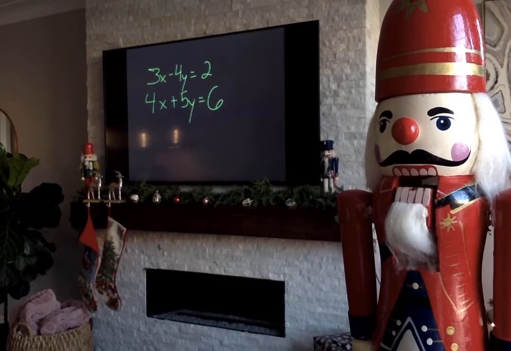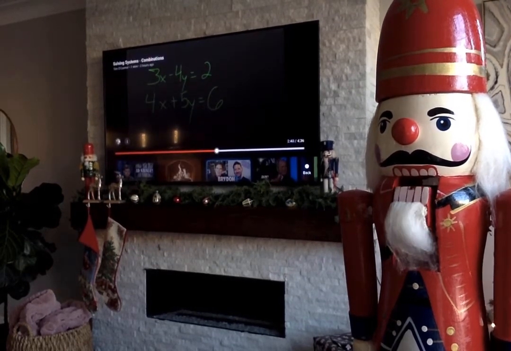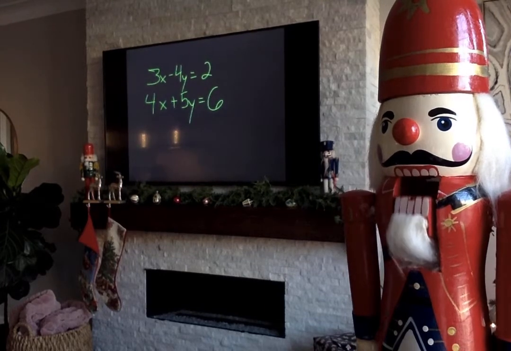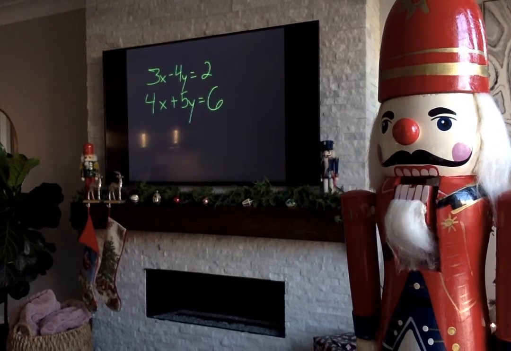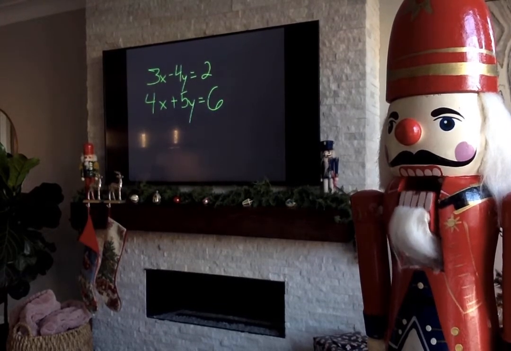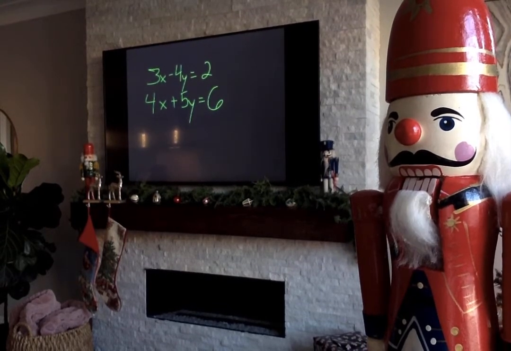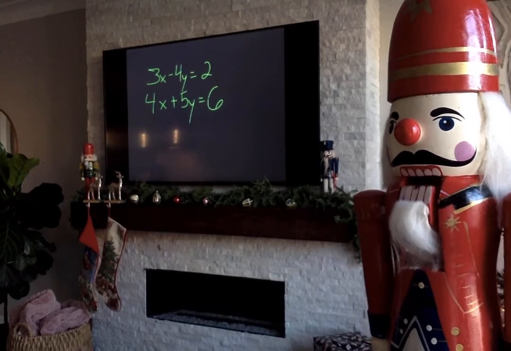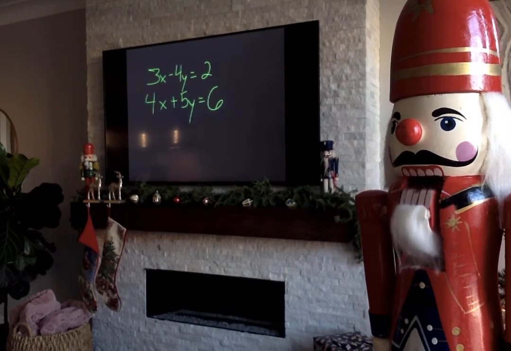The next problem. Right away, I can see that there's a lot more going on here. None of these variables, neither of the x's, neither of the y's, look like they're going to cancel out right now. If I look at the top where the y is, it's a -4. And if I look at the bottom, the 5y is positive.